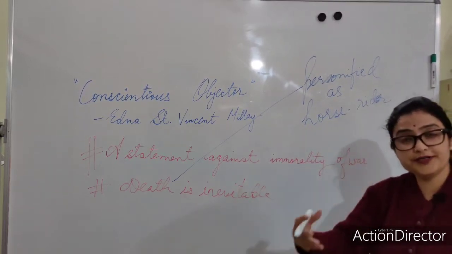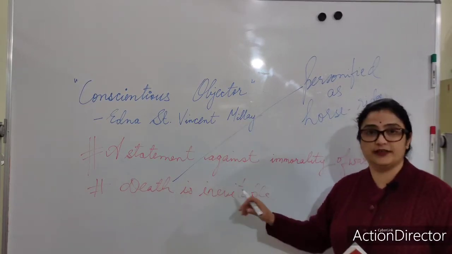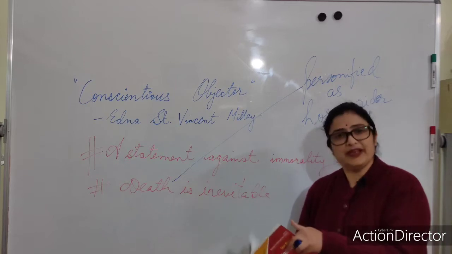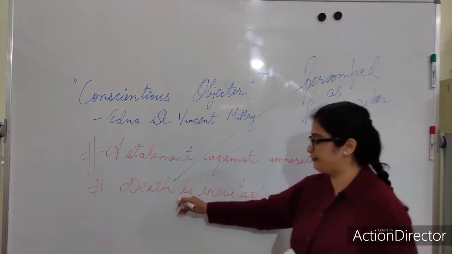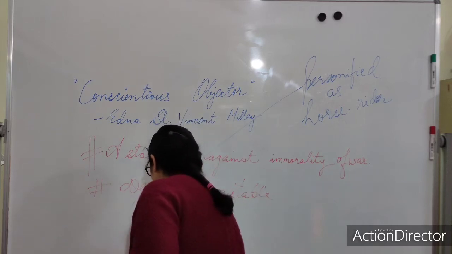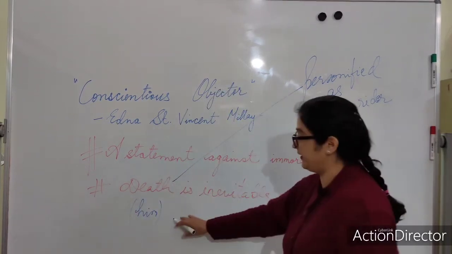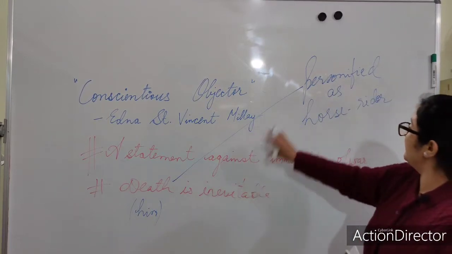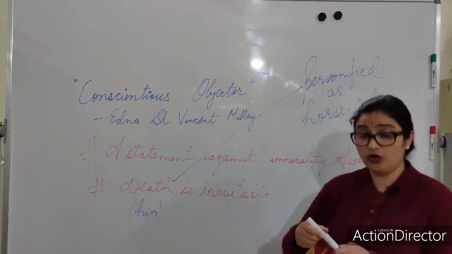Now you have to understand this poem in this context, that him likha hai na, I hear him. Him is used for death, which means death को human attributes दिए हैं, and death is being personified as a horse rider.